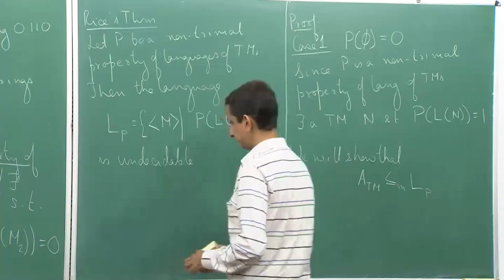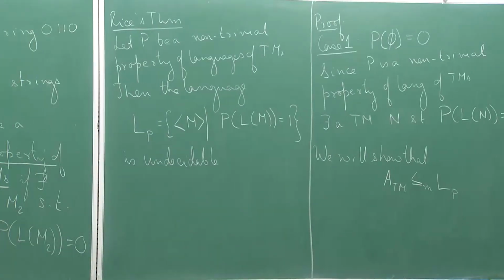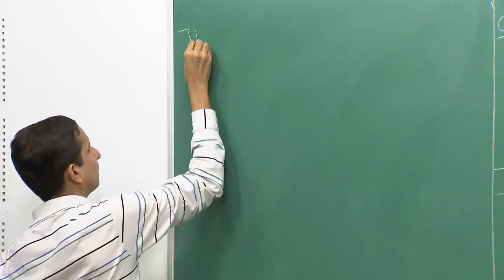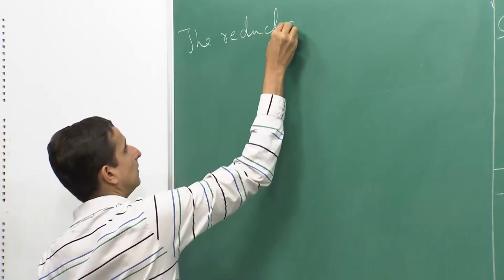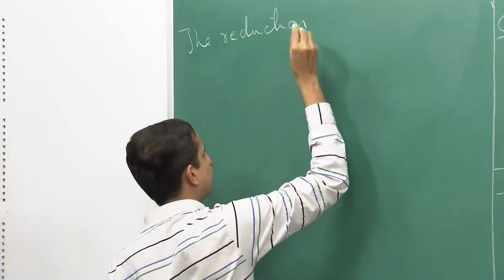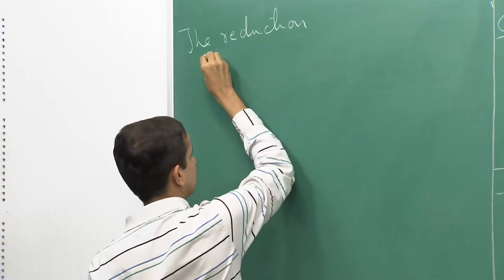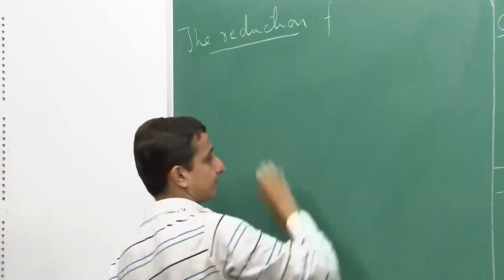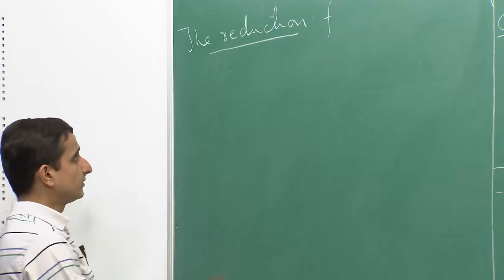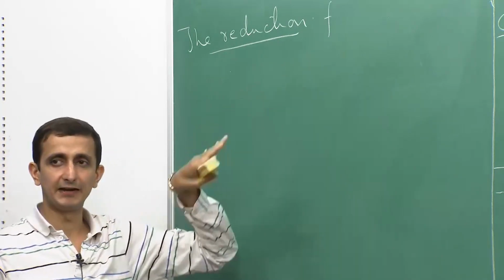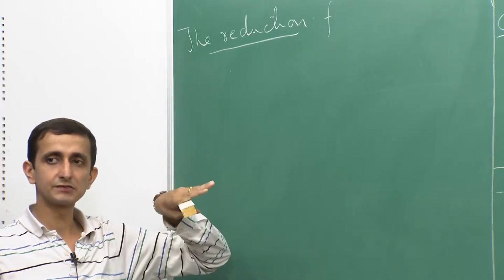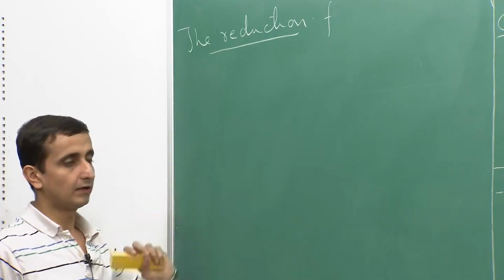So, what is the reduction? Let us call it F. F is a function which will take an instance of ATM and produce an instance of LP.